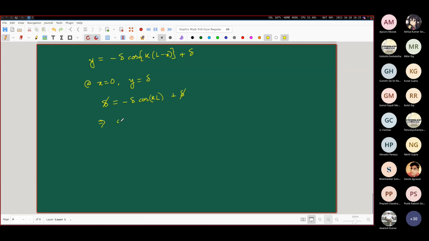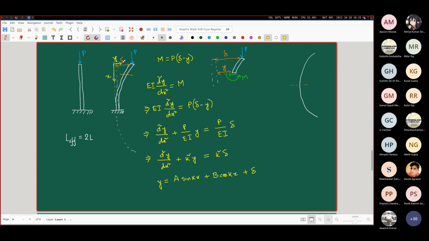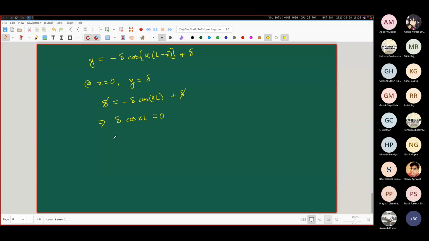So we have delta cos kl is equal to 0. Now either delta equal to 0 or cos kl equal to 0. If delta equal to 0, that's just a trivial thing, because the whole thing is not buckling. What are you going to do with it? So that's quite pointless to talk about. So from here we obtain that cos kl equal to 0.